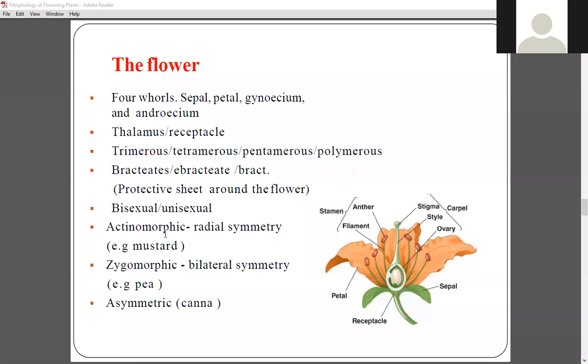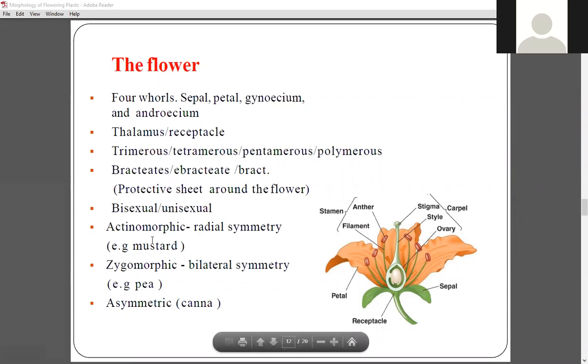So actinomorphic. In the animal kingdom you have seen the radial symmetry as well as the bilateral symmetry, right? In plants, when we are talking about symmetry, again there are two different types observed if the flower is symmetrical. Actinomorphic means radial symmetry and zygomorphic means bilateral symmetry, right?